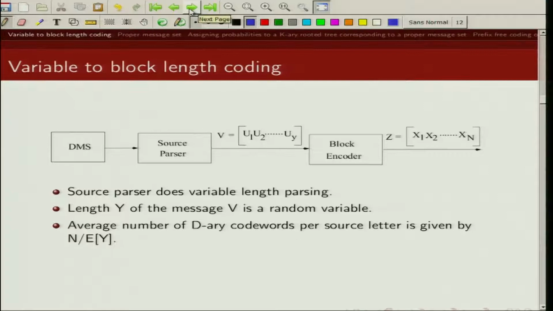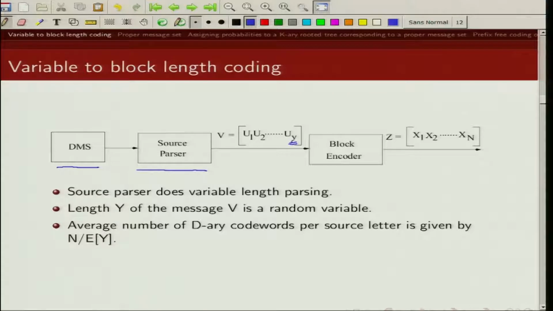So the problem that we are looking at is as follows. We have a discrete memoryless source which is emitting some bits, and we want to design a source parser of variable length. What this source parser does is it takes these bits and converts them into blocks of data where the block length is variable.